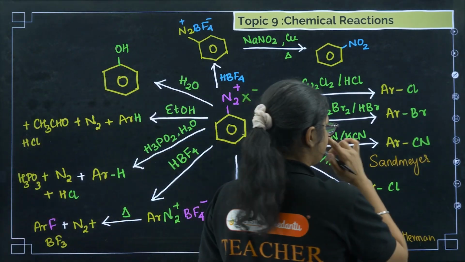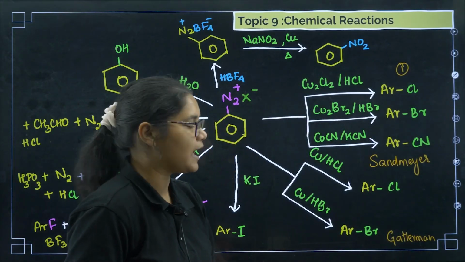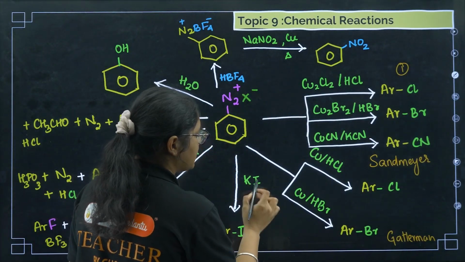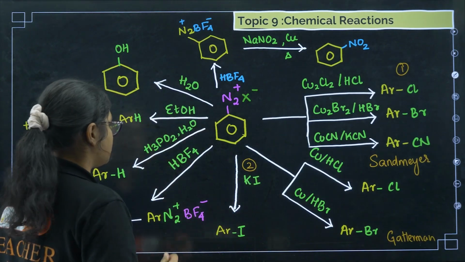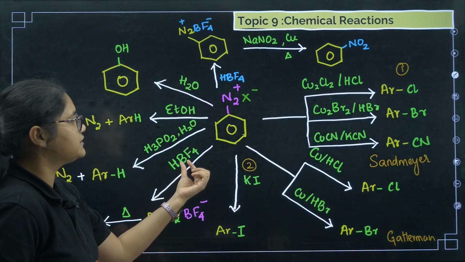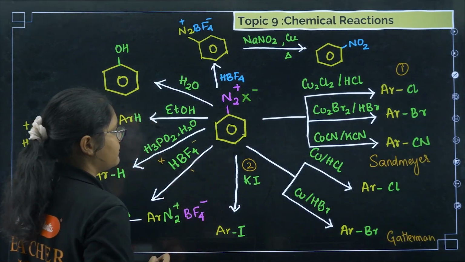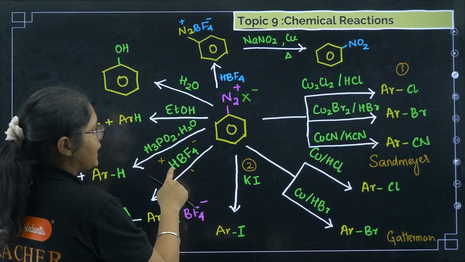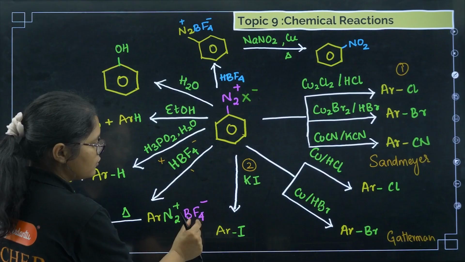So there were six replacements, right? This is the first one. Second one, if you want to replace with iodine, simply treat it with KI. Next, to get fluorobenzene, you can treat it with HBF4. Here, H+ and BF4-. So N2+ will react with BF4-, and we get Ar N2+ BF4-.